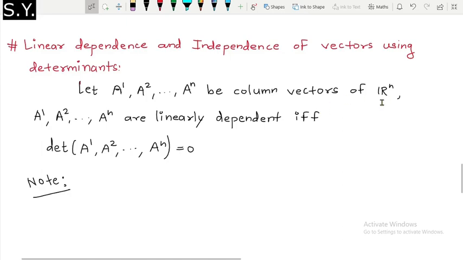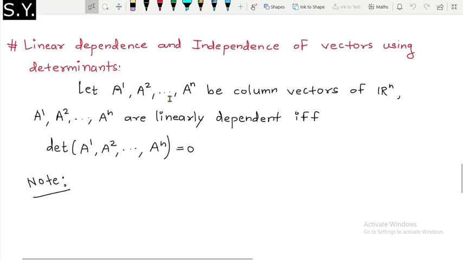If the vectors are from R^3, the number of vectors should be 3, because then and only then can we find the determinant. If you have a set which contains vectors from R^4, then the number of vectors should be 4. Then and only then can you use this concept. I hope you are getting it.